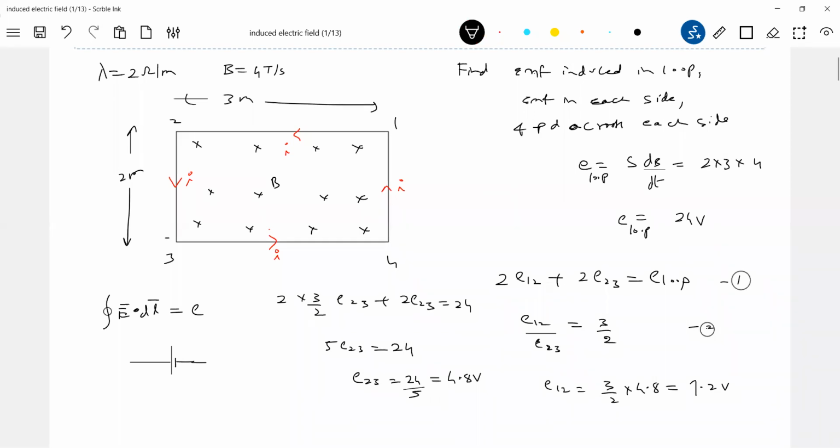So what is the resistance of this? Lambda into 3, 6 ohm. EMF induced here is how much? E12 is 7.2 volt. This will be 4 ohm.